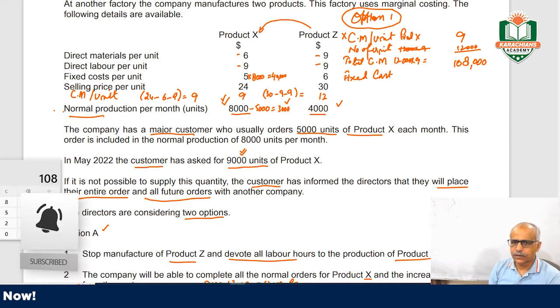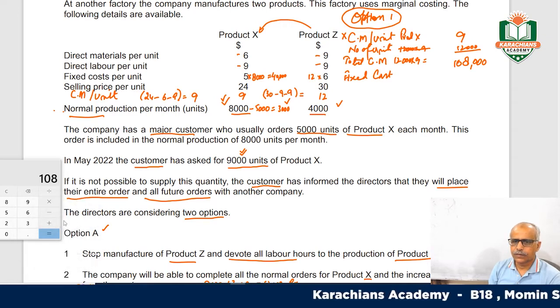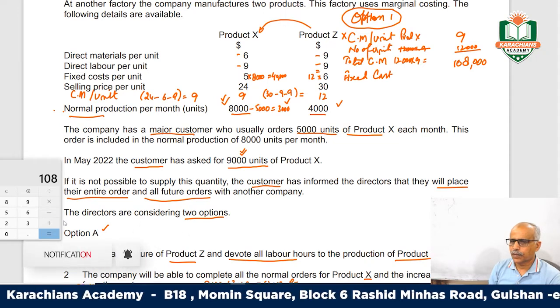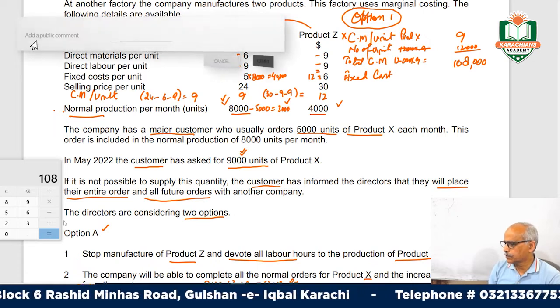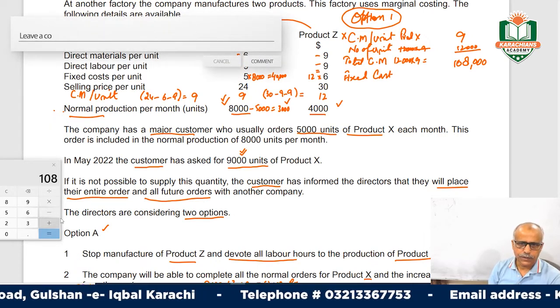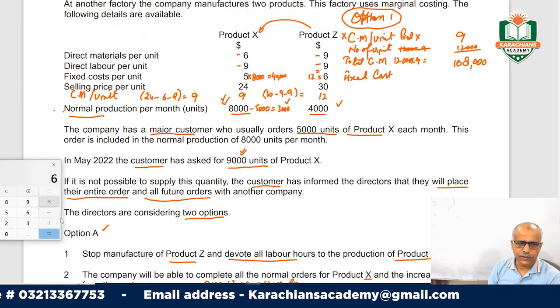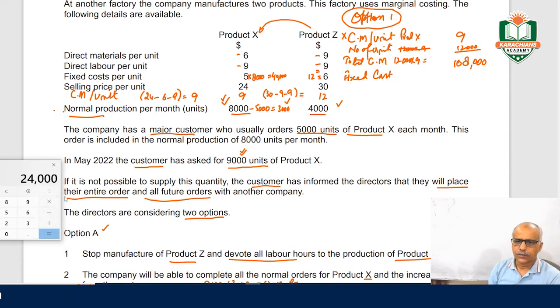And how much is this cost? Number of units are 12, so this cost will be 7,072. Okay, how much per unit is 6, and number of units are 4,000, so 24,000.